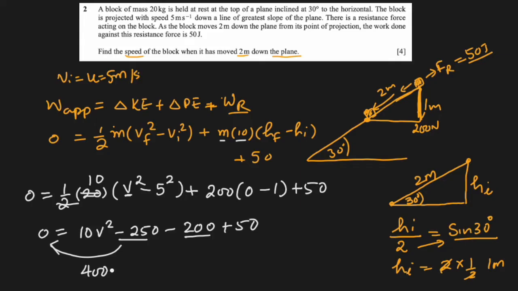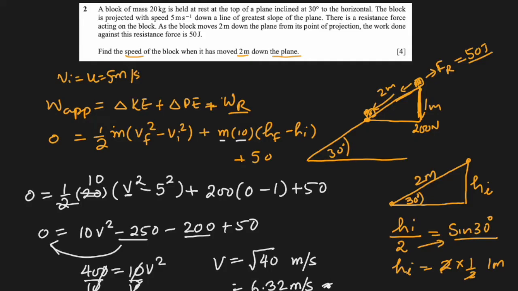Positive 400 equals 10 v square, divide both sides by 10. So v will be square root of 40 meters per second. They did not ask whether they want an exact answer or decimal places, but let's convert square root 40 to decimal as well, which is about 6.32 meters per second. This is exact, this is in decimals.